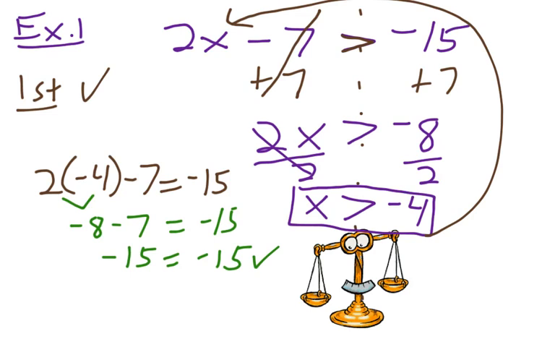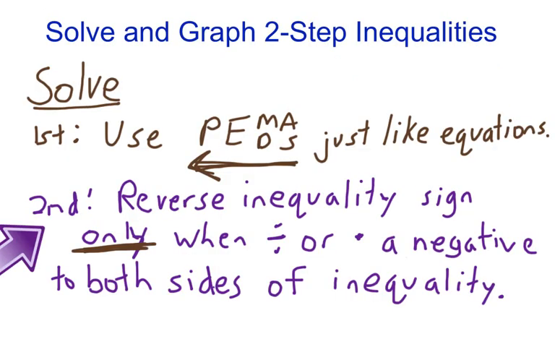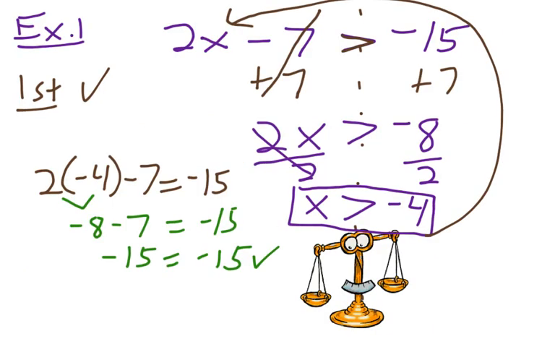I want you to notice something. You may have said, well, why didn't you reverse the inequality sign? Because you said that a minute ago. Remember, we said reverse the inequality sign, but what did we say? Only when you're dividing or multiplying a negative to both sides of the inequality. So look back at what we just did.